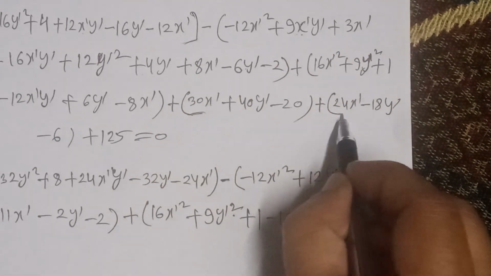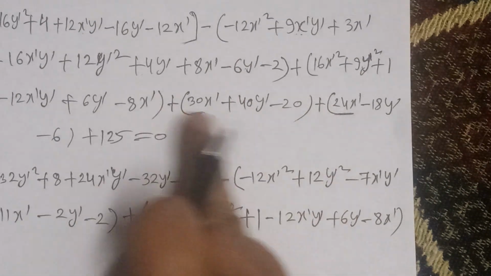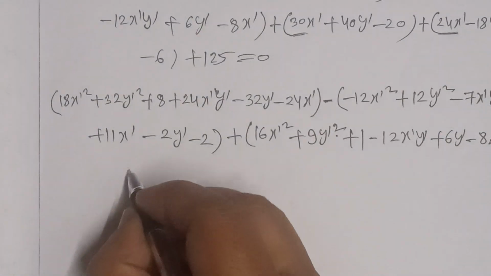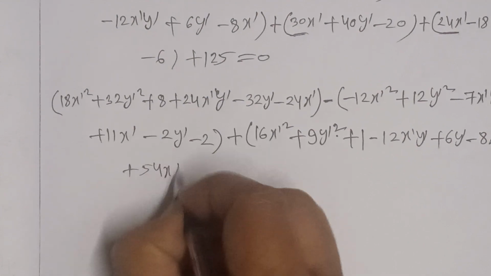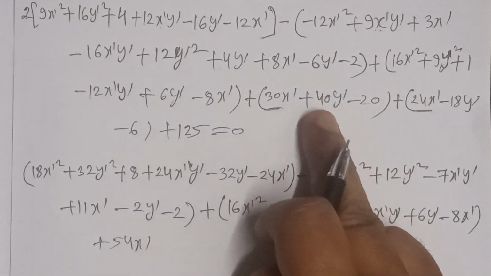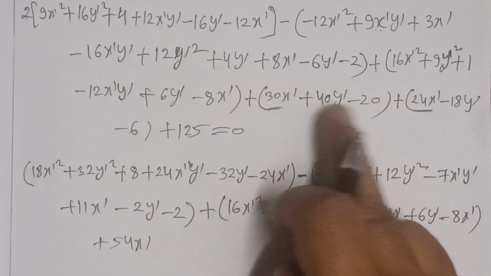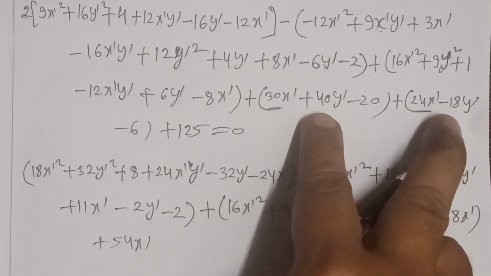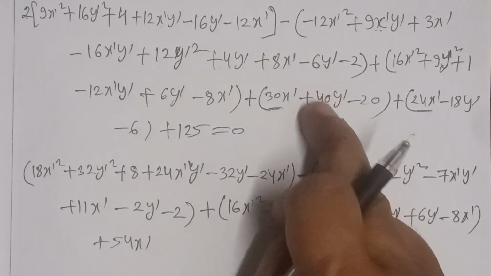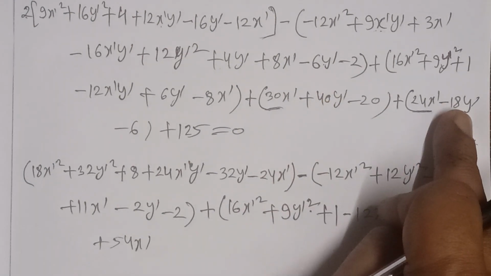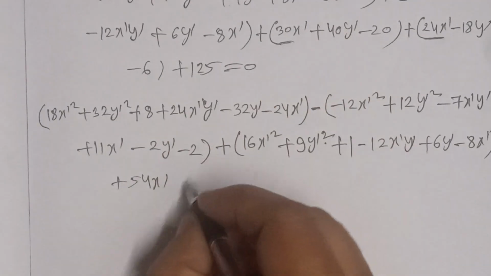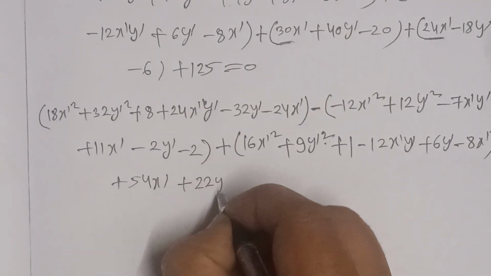So I collect the coefficient of x', which becomes 54x' plus 54x', and the coefficient of y' in these two, where this value is positive and this value is negative, so we get 22y'.